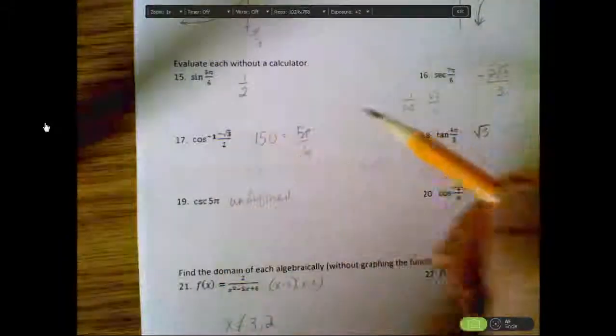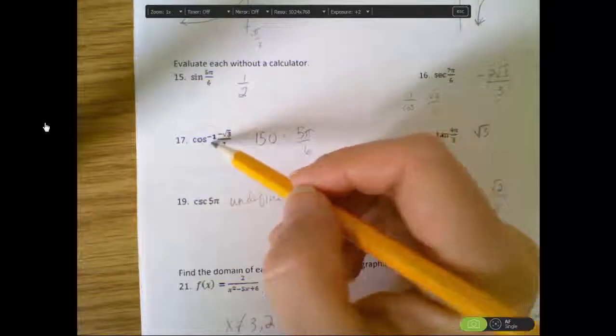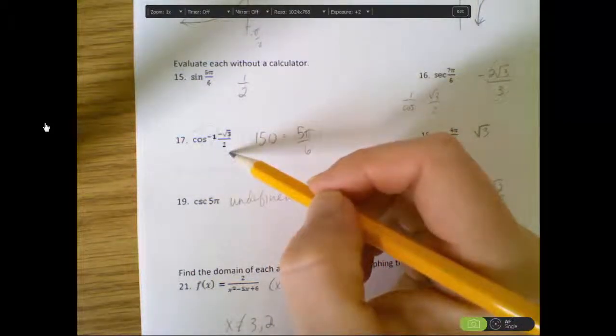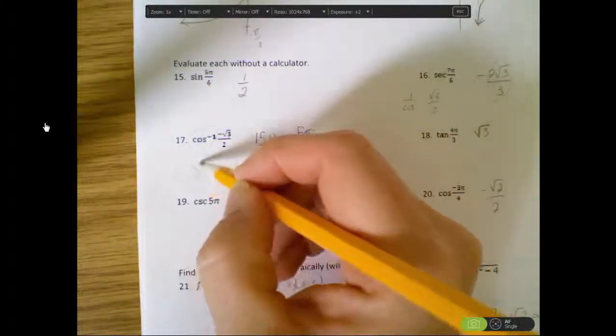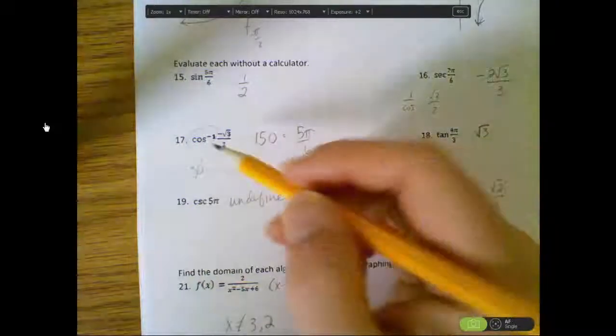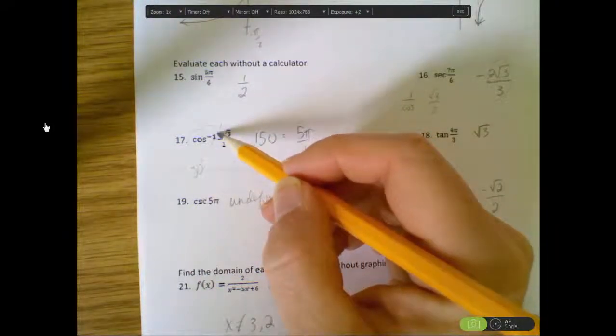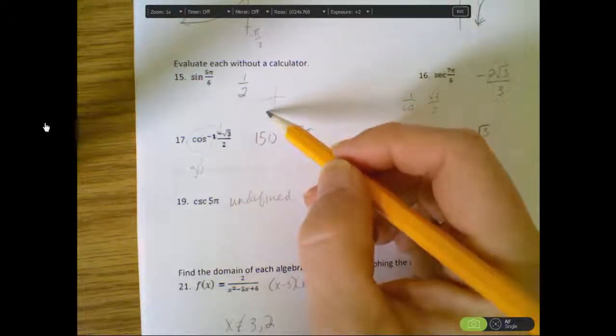Here's that arc cosine we talked about. It says this means the angle whose cosine is negative root 3 over 2. Well, what angle has a cosine of root 3 over 2? And the answer is 30 degrees. So where is the cosine negative? Because this is a negative. Cosine is negative in 2 and 3.